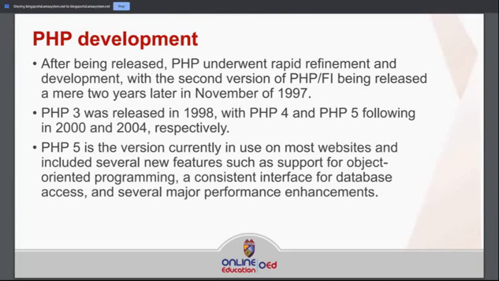PHP 5 is one of the latest versions currently in use on most websites and included several new features such as support for object-oriented programming, a consistent interface for database access, and several major performance enhancements. So basically, guys, this version already offers object-oriented programming, which means that you are now capable of using different objects such as text boxes, buttons, something like those.